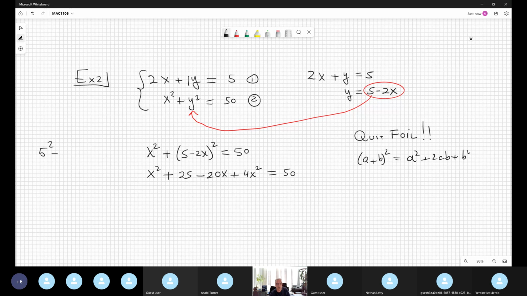Okay, so my equation is a quadratic equation or no? What do you think? Is it a quadratic equation or a linear equation? Quadratic, right? Opinion. Is this equation quadratic or linear?